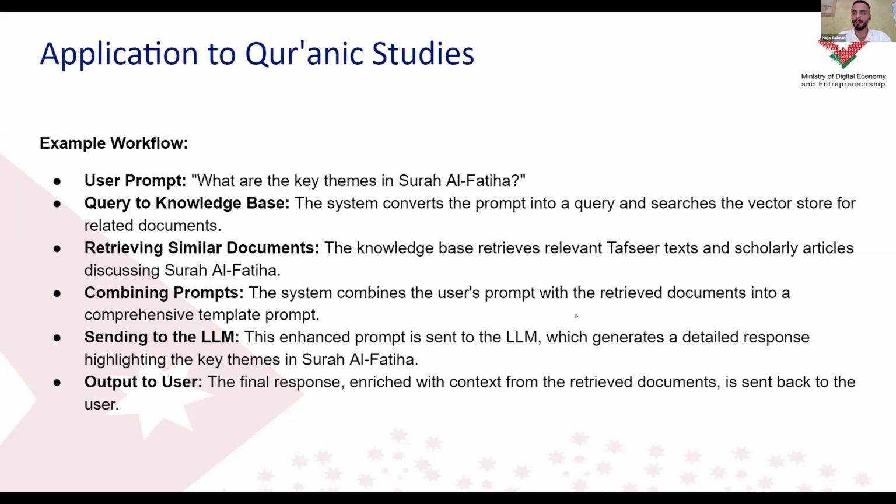We can't send, let's say, 100 tafsir books, because every large language model has its context window, which means it has a maximum number of tokens, or in other words, a maximum number of words that it can process in every prompt and answer.